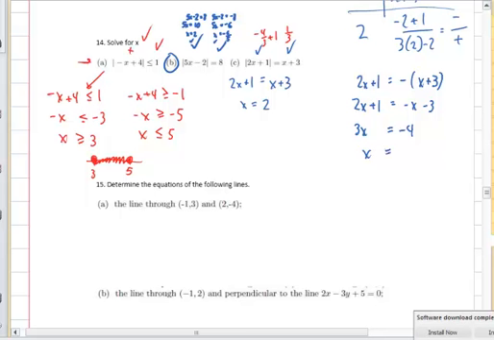So my answer here is negative 4/3. And upon checking that, when I plug negative 4/3 in, I get 2 times negative 4/3 plus 1, and the absolute value of that, that's correct, sorry, will make negative 8/3 plus 1.